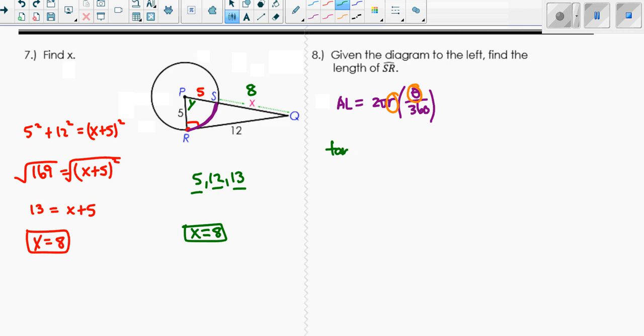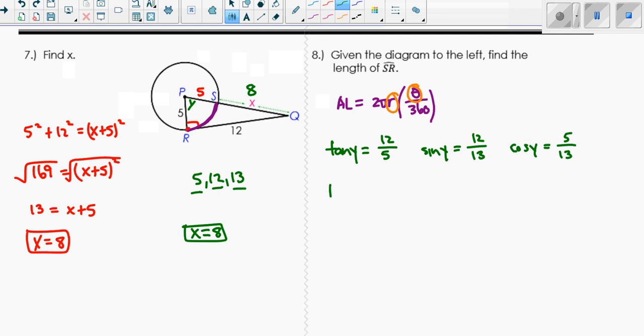So the tangent of y is equal to my opposite over my adjacent. I could also say sine of y equals my opposite over my hypotenuse, or the cosine of y equals the adjacent over the hypotenuse. Those are the three equations I would use to set up. All of them will give you the same answer.